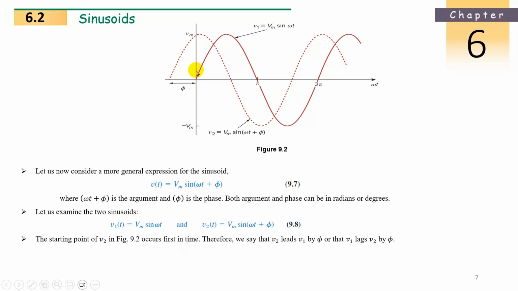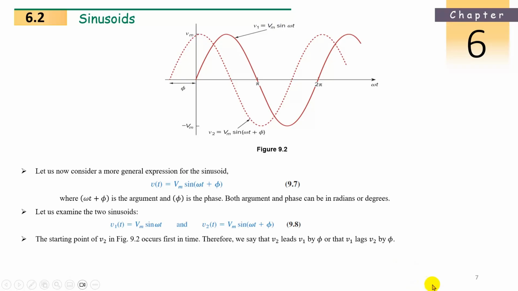We are assuming this is 0, but it occurred before that time. So we say V2 leads V1 by phi degrees, or V1 lags V2 by phi degrees. So the two words, lead and lag, are very important.